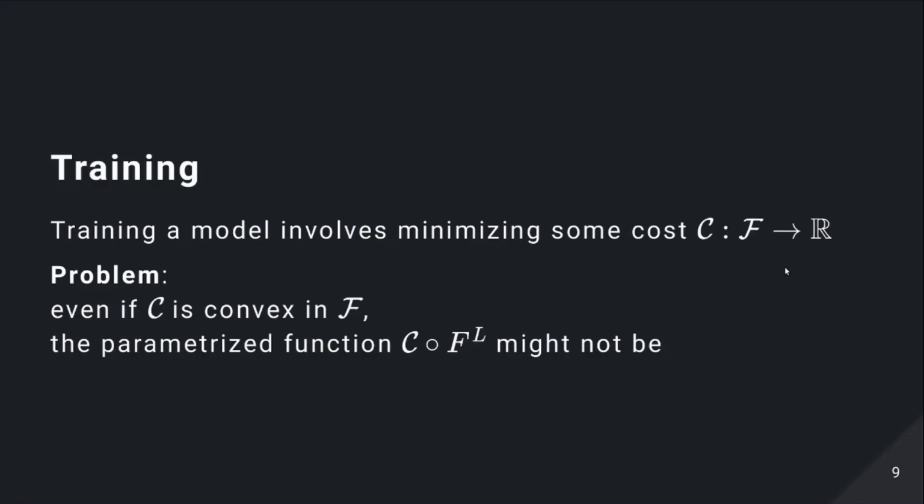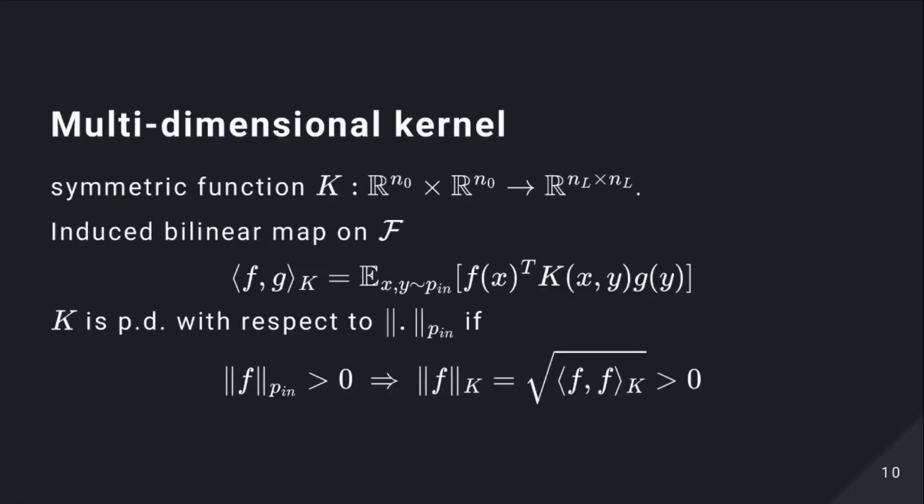And one problem we have in machine learning in general is that even though C might be a complex function in the function space, when we parameterize it with some FL, which, remember, is our map from the parameters to the actual function, and try to optimize, this might not be a complex function, especially related to these nasty symmetries we can get for neural networks. So keep that in mind.